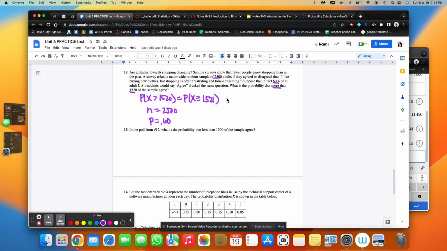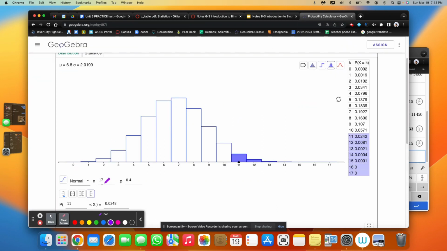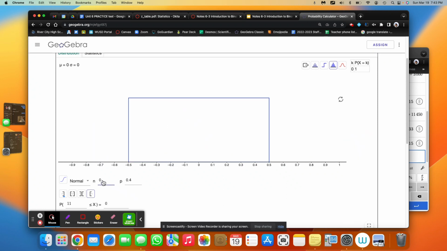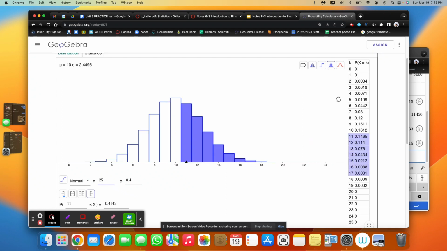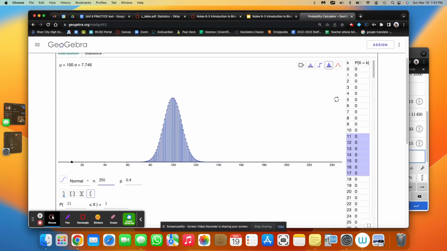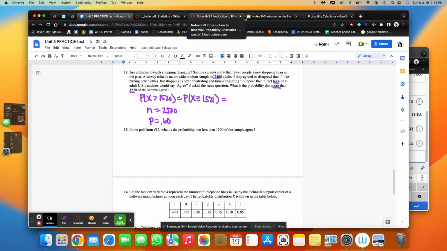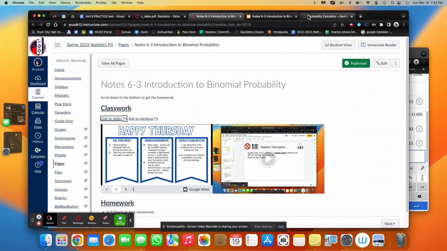So we're going to put this in our calculator. n in this case is 2,500, and p is 0.6.